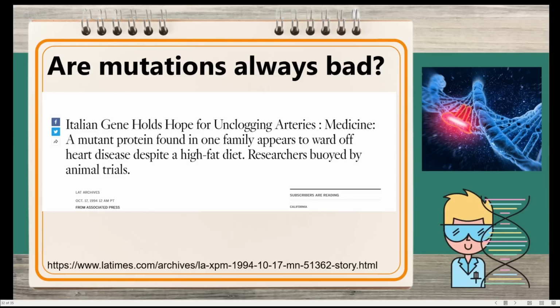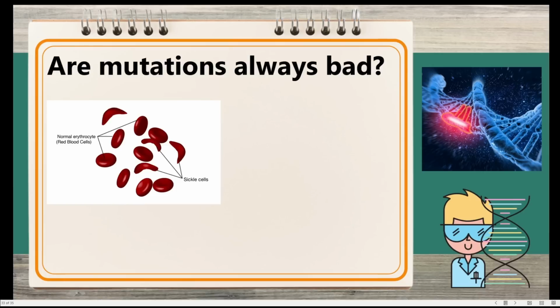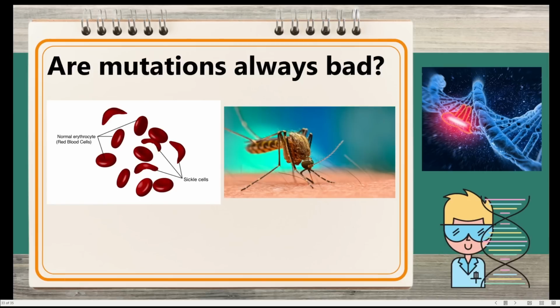Okay, so another beneficial mutation is this. So, siguro nakita nyo na yan dun sa mga nakaraang diniscuss ko. This is sickle cell anemia. Now, how is this a benefit? Diba diniscuss natin siya kanina as a disorder? So, according to studies, it has been found that people who are carriers of sickle cell anemia have some genetic protection from malaria, which is regarded as the king of tropical diseases.